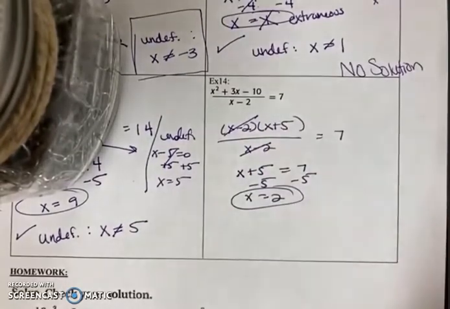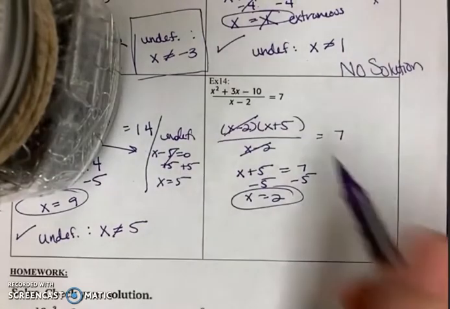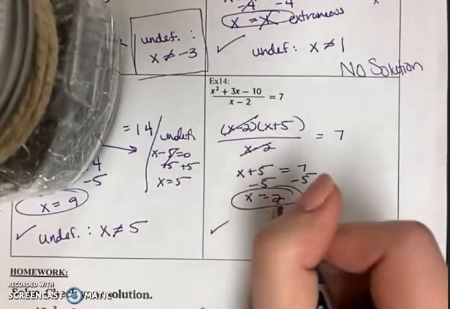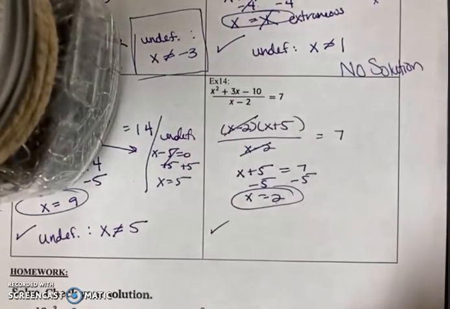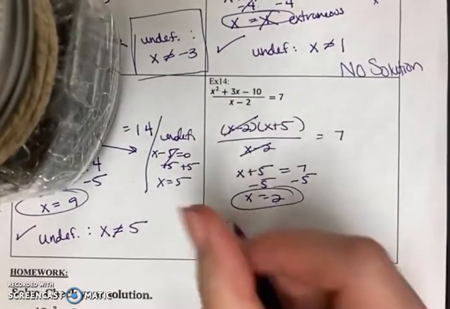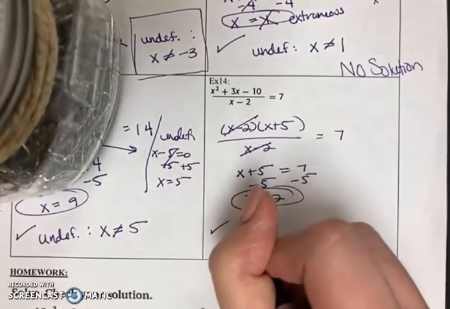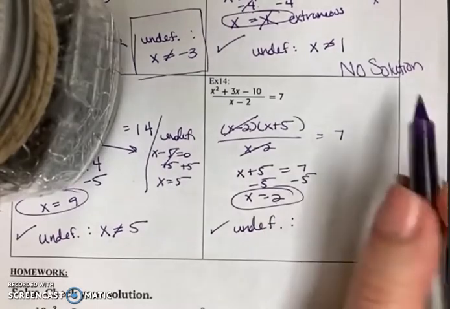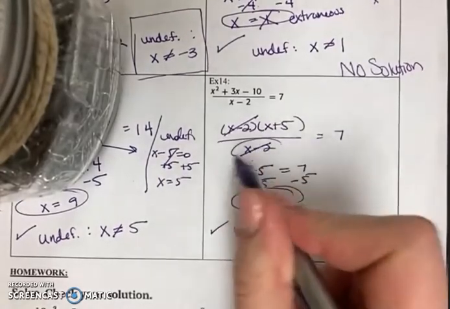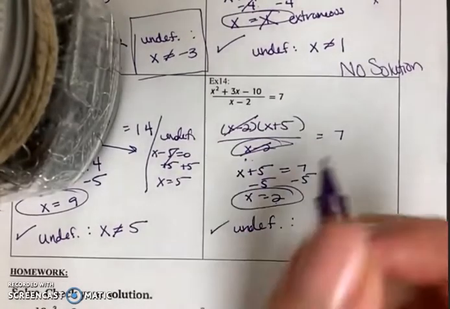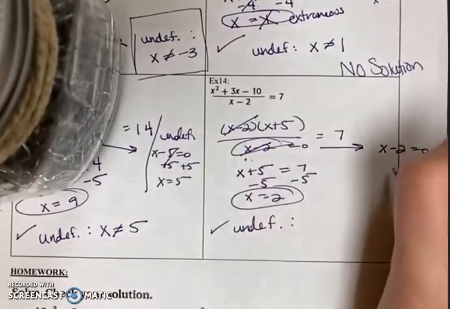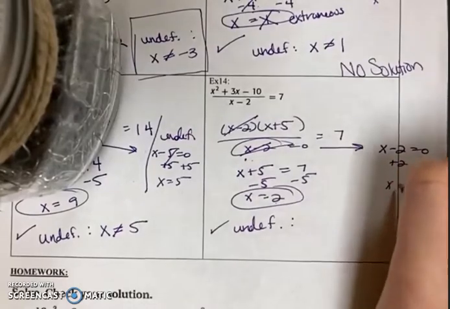Now we need to check and make sure that this really is a solution, because we discovered sometimes it can be extraneous. You can check by either plugging in the 2 to see if it really equals 7, or you can just see when it is undefined. Remember, it's undefined when the original denominator, so in this case x minus 2, is set equal to 0. So x minus 2 equals 0 gives me a solution of 2.